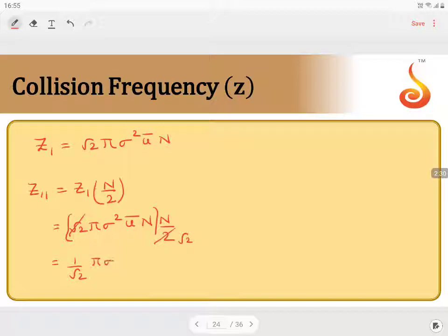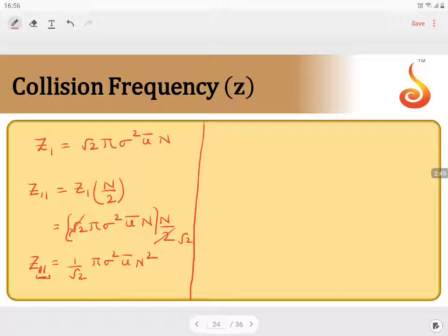This is pi sigma square u bar into n square. We get Z11, where 1 1 stands for the collision between two identical molecules. If you write 1 2, it is between two different molecules. So please don't confuse that.